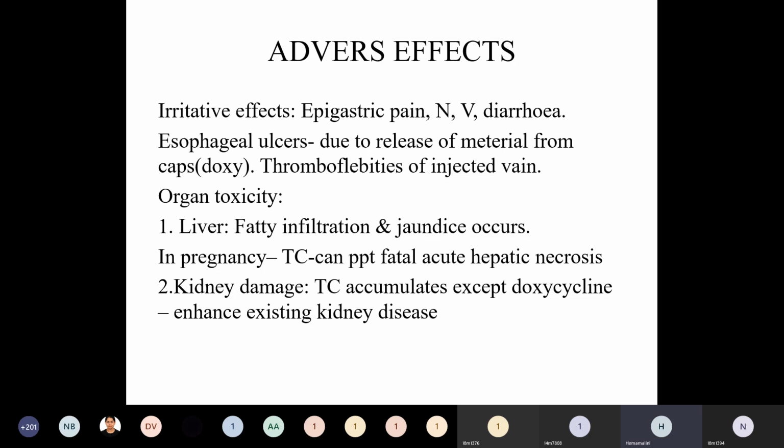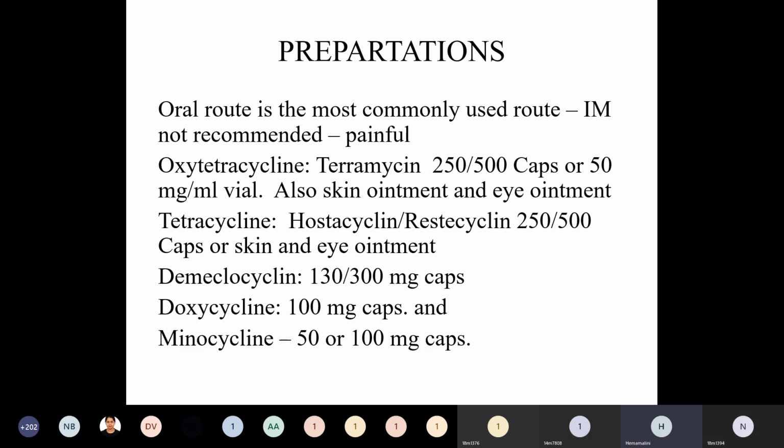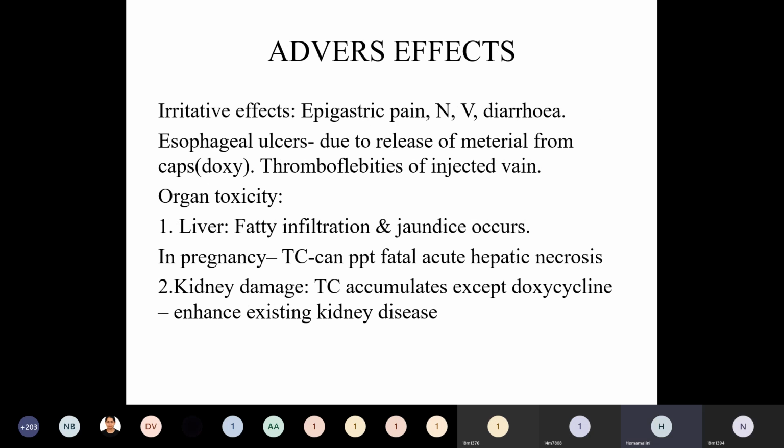Now, can you see the slides? One of you respond, please. No, ma'am, we couldn't see. Only this adverse effect slide or the previous slide also? Even the previous slide. Ma'am, we can't see any slide. We could see till the fifth or sixth slide, ma'am.